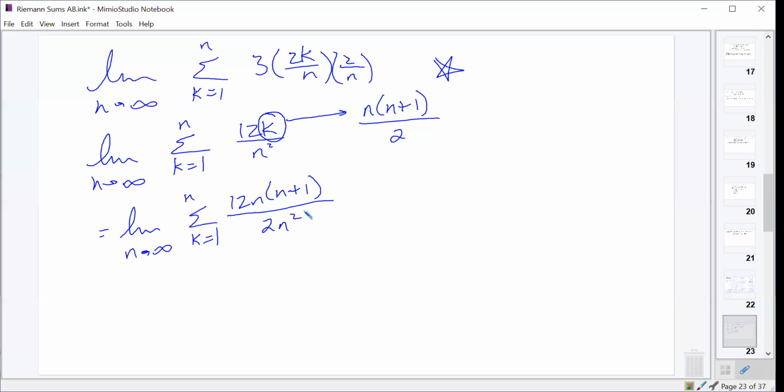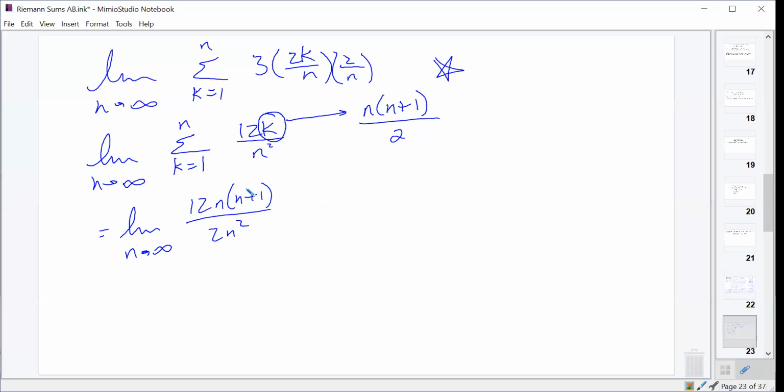Now we can rewrite this as the limit as n approaches infinity of 12, and we'll replace the k with n times n plus 1 over 2, and we still have the n squared in the denominator. Sorry, I shouldn't have written the summation anymore because we did the summation part of it. So 12 times n plus 1 over 2n squared. So we did the summation for the k, and we plugged in n times n plus 1 over 2, and now we just have this limit.